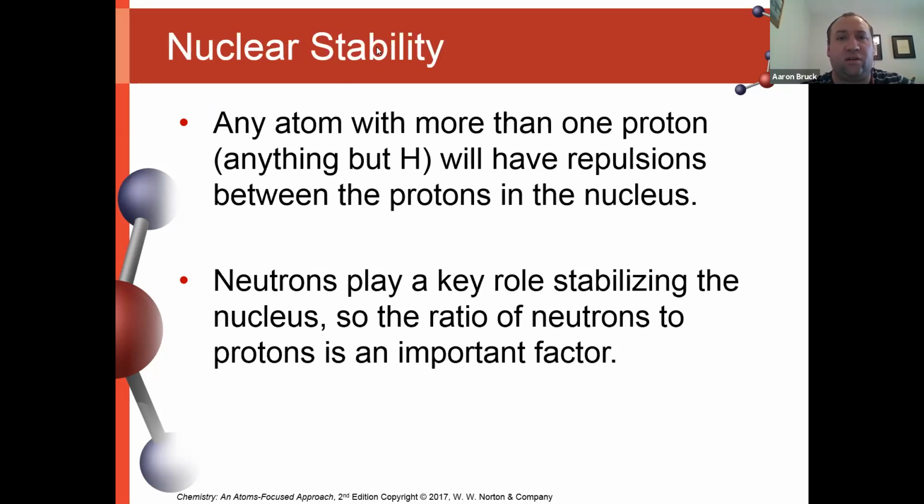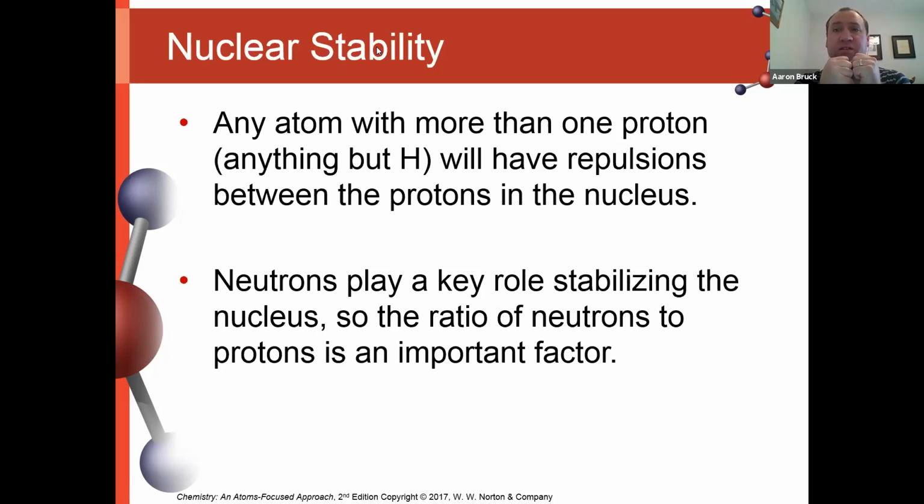Now, radioactivity is directly correlated to another concept known as nuclear stability. In nuclear stability, what we have to understand is that other than the hydrogen atom, where we have just one proton and usually no neutrons, we're going to have some repulsions occurring in that nucleus, wherein we've got positively charged particles all really close together.